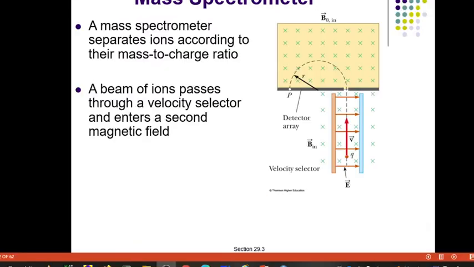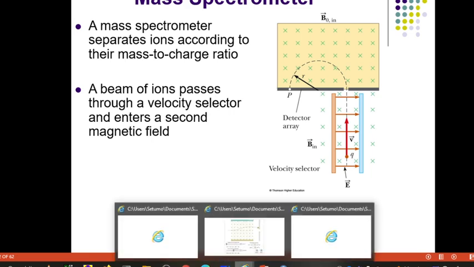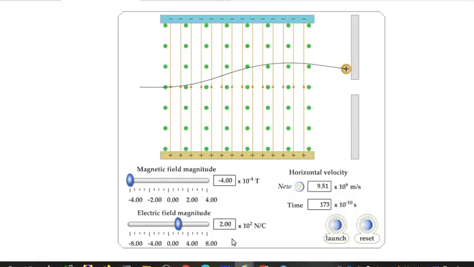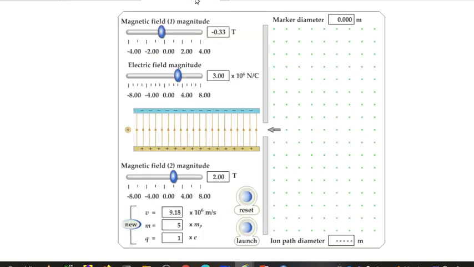I also want to show you the simulation for this situation. Let me just get it right. Yes, this is the simulation. I'm going to launch my positive charge, moving at a certain speed. This particle is going to move straight without being deflected.